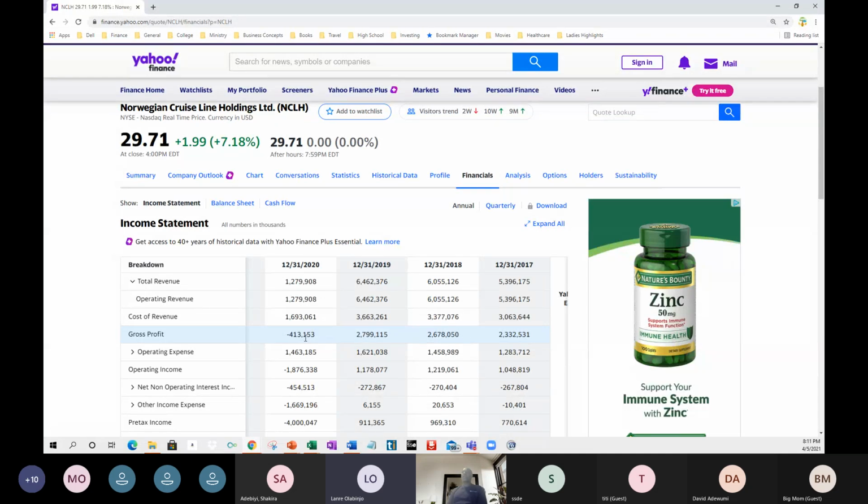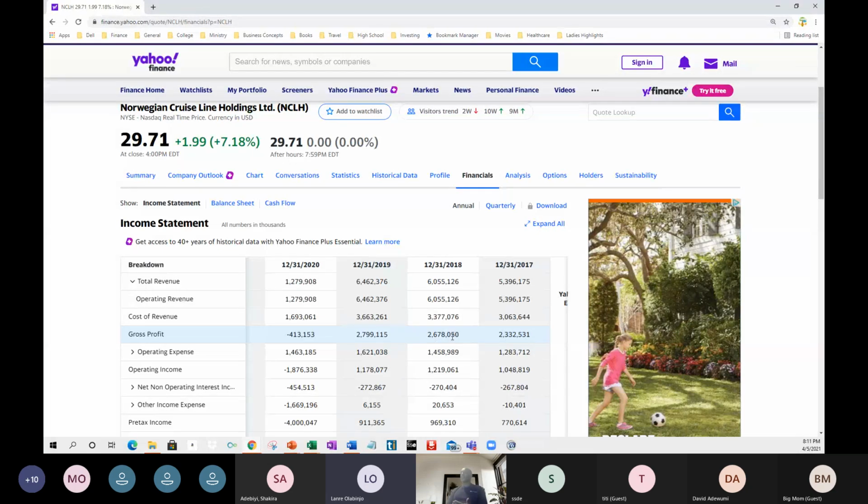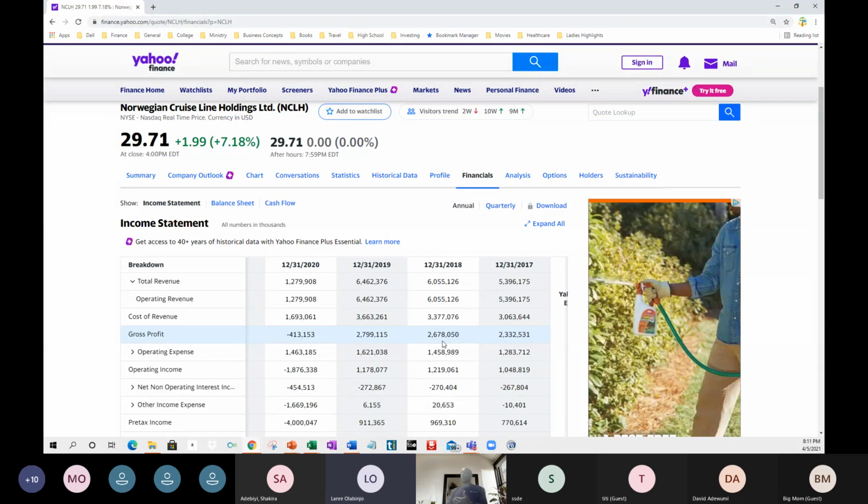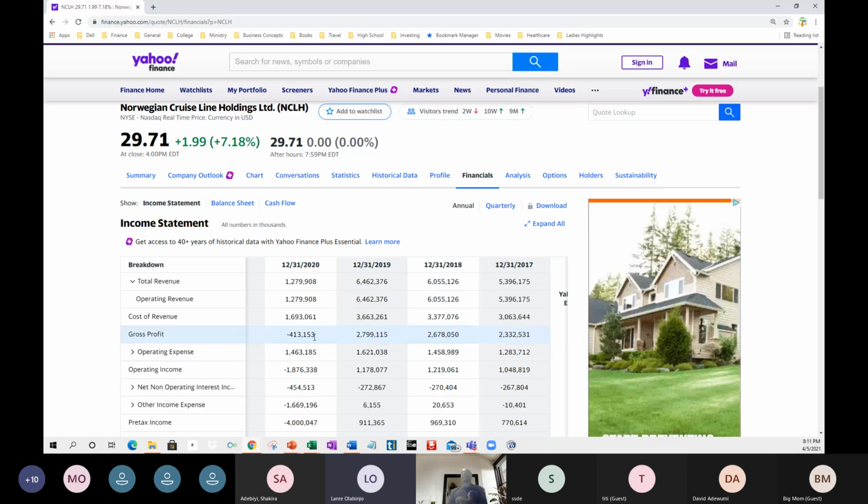Then they lost 400 million in 2020. So the first question, now if it's a company that is negative, negative, negative, negative, then your first answer is correct. But this is a company that is positive, not just positive $1, positive 2 billion, 2 billion, 3 billion. Then your first answer is not correct unless you qualify that answer.